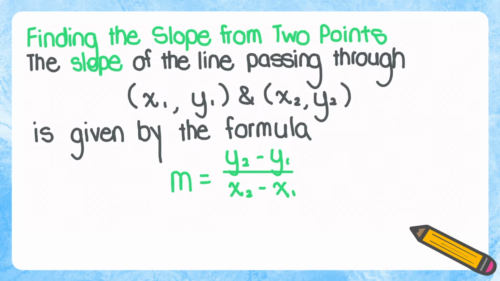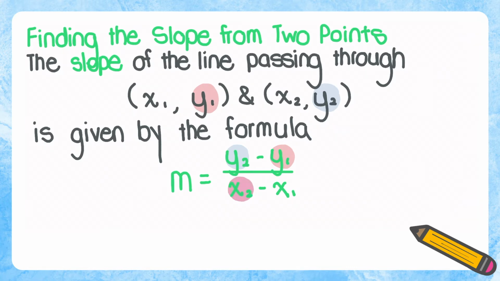I know that the notation can feel confusing at first, but y sub 2 is simply the y value of your second coordinate, and y sub 1 is the y value of your first coordinate.